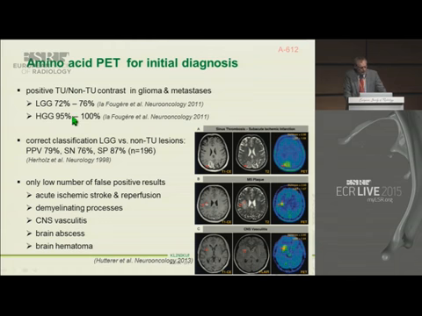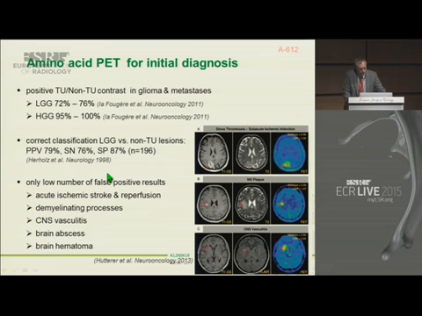In the high-grade gliomas, in approximately 100% of the cases, you have an increased uptake. Because of that, a correct classification of low-grade gliomas versus non-tumorous lesion is a bit problematic. You have a sensitivity of only about 75%.